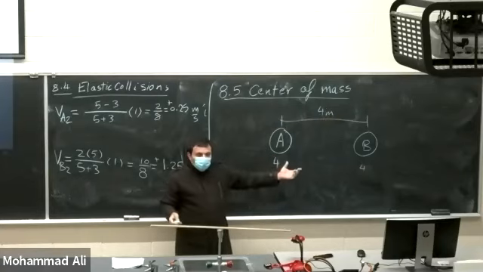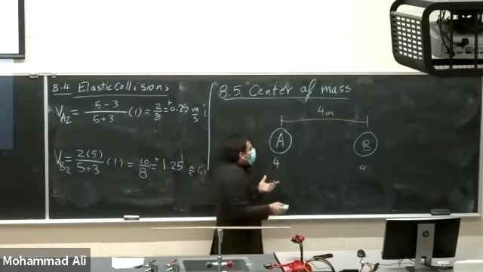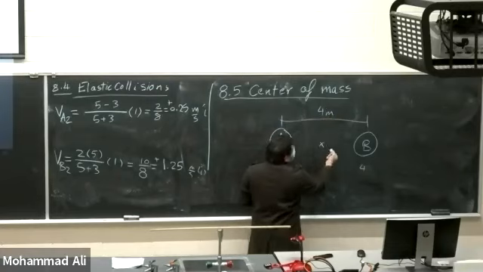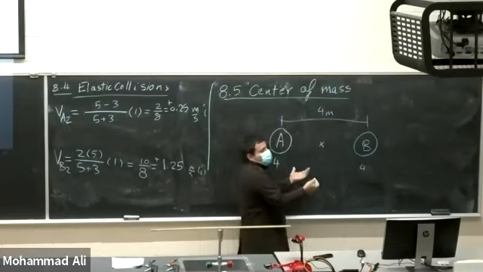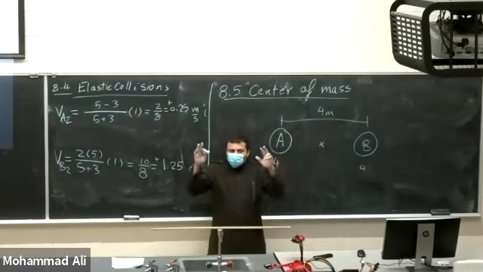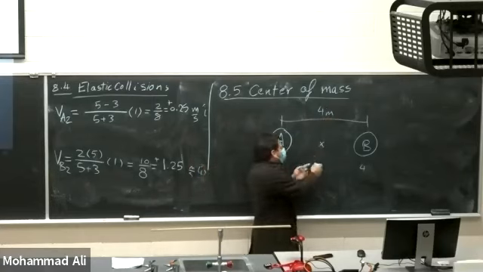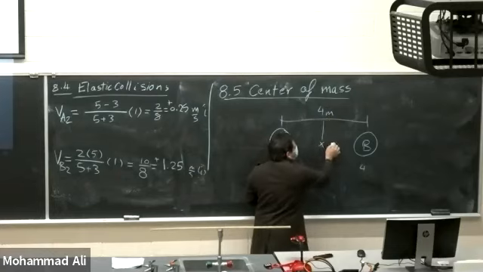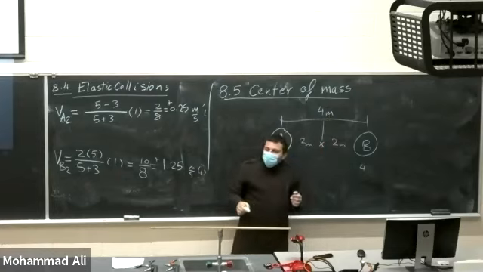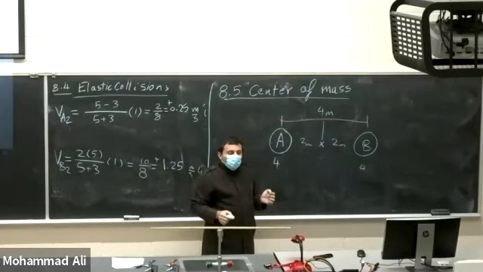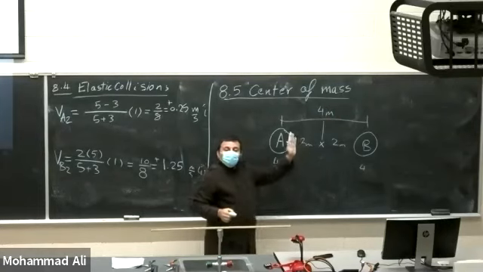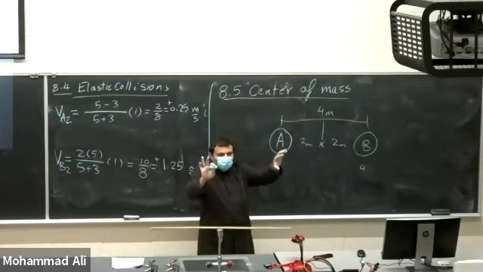Because they are identical, the center of them is just the geometrical center, at the middle, which is 2 meters from here or 2 meters from here. Okay? The center of mass stays evenly between the two masses.